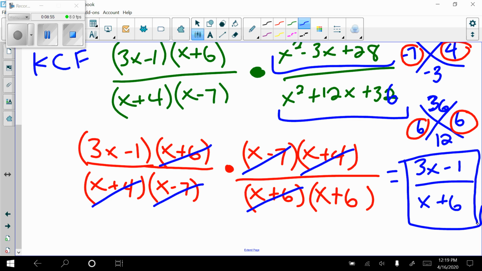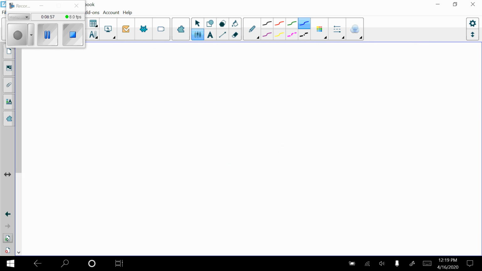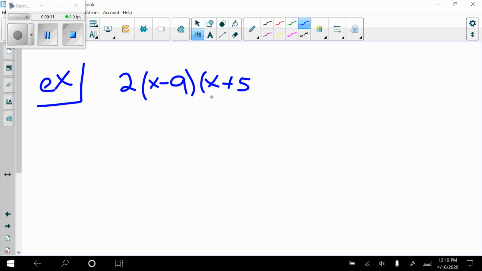All right, so let's do one last example of division. This one we're going to start with, make it look a little bit longer. 2 times x minus 9 and x plus 5 is on top.